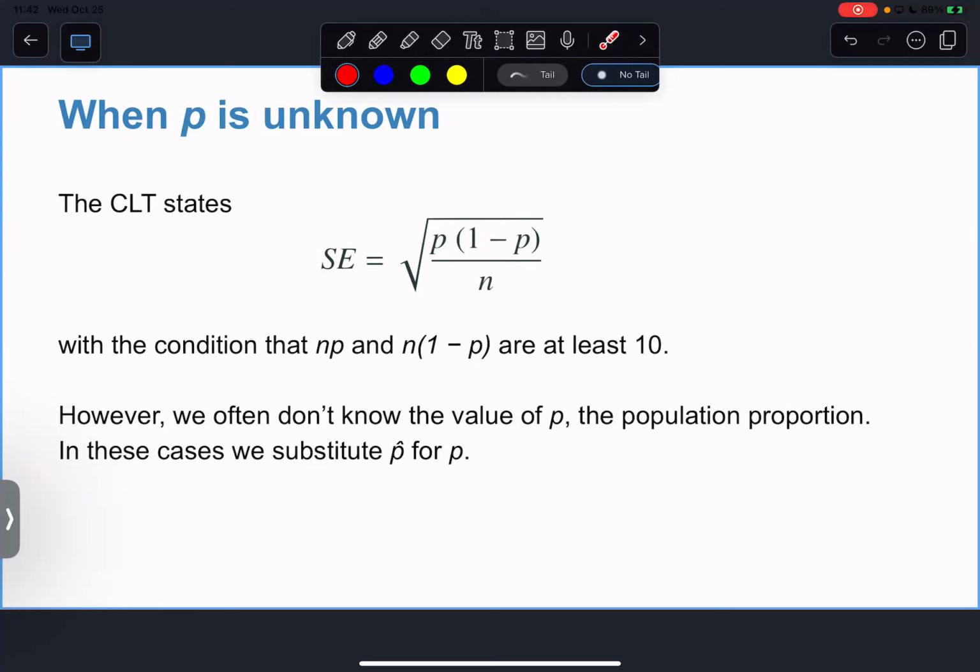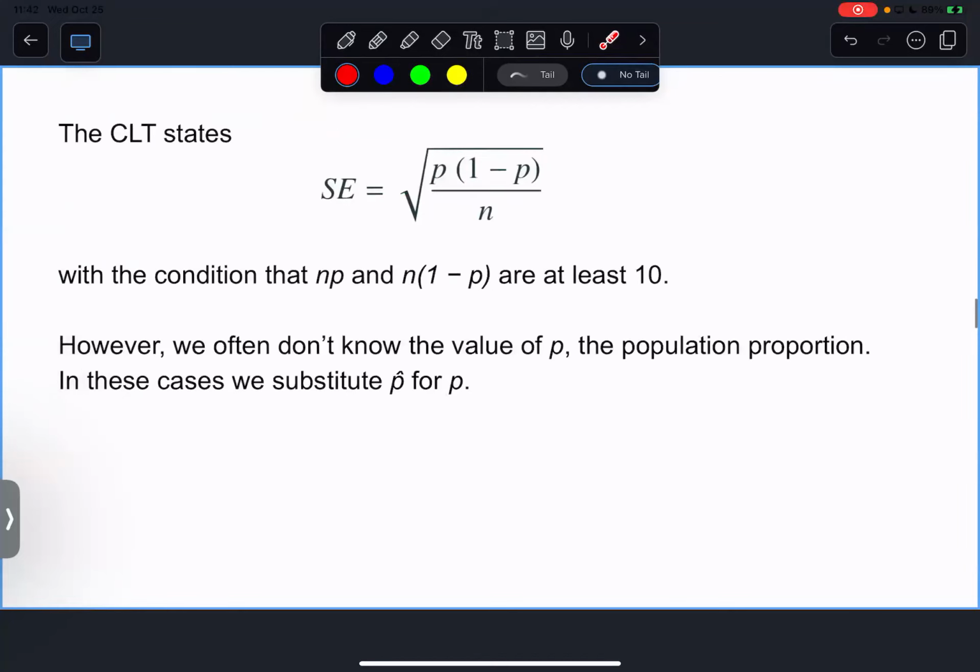But besides that, there's not a lot of information that I need here. That's nice, right? P and then P again and then n, and that's it, okay? And so what we do is we substitute p hat instead of p, okay?